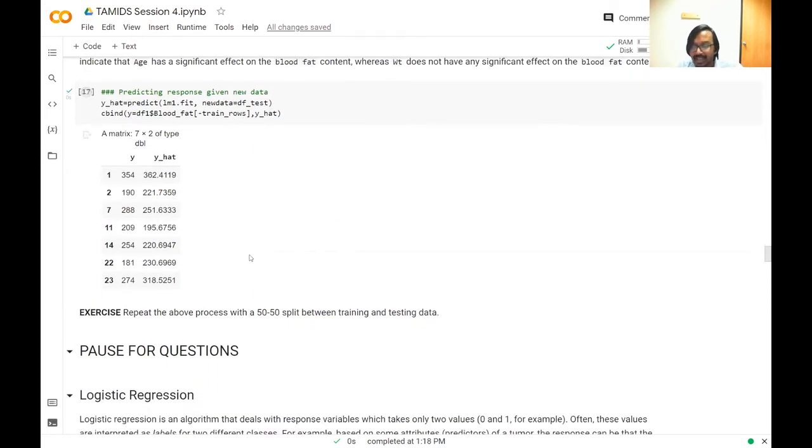That brings me to the end of multiple linear regression. So before I move on to the next section, which is logistic regression, I would like to pause for some questions. If you have any questions in the chapter on simple linear regression or multiple linear regression, or if you'd like me to explain a certain concept in more detail, you're welcome to ask.